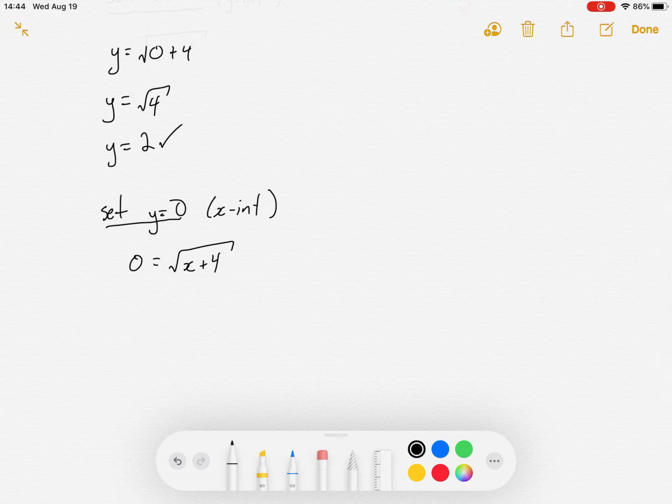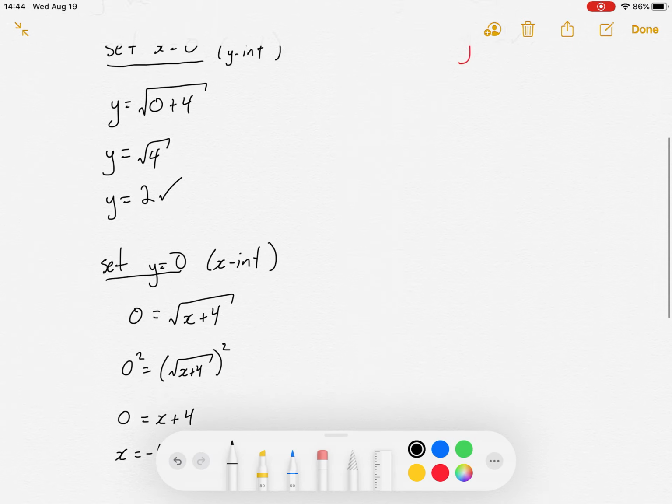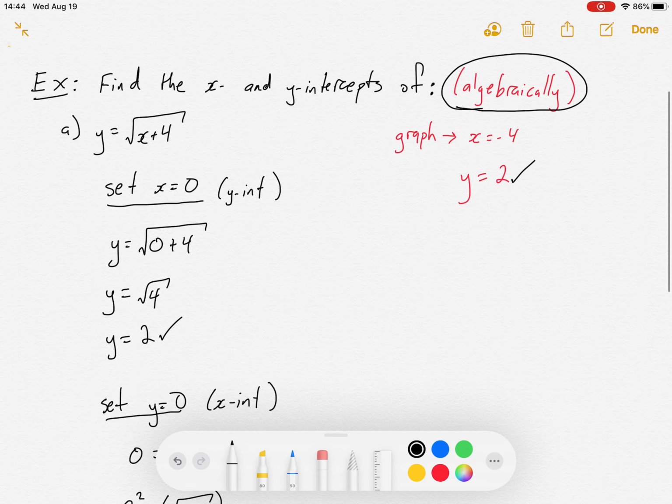Now you might remember, in order to get rid of a square root, you square both sides. I've squared a square root. Those are inverse operations of each other. That leaves me with 0 on the left-hand side and x plus 4 on the right-hand side. Solving for x, I do in fact get -4, which, as we saw, checks out.